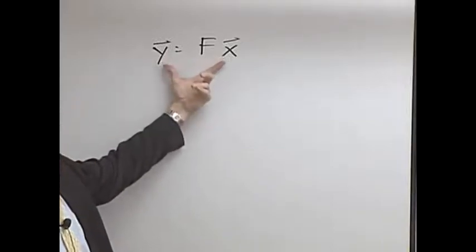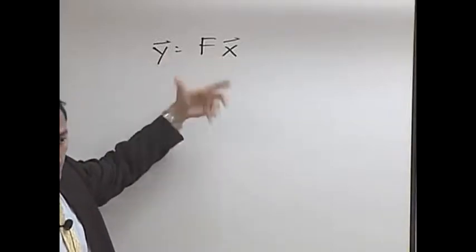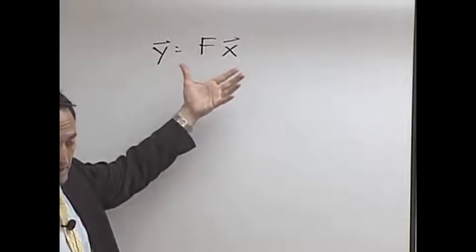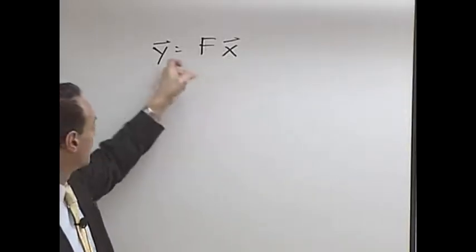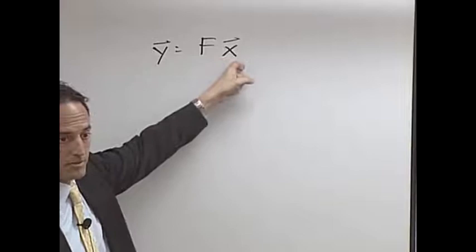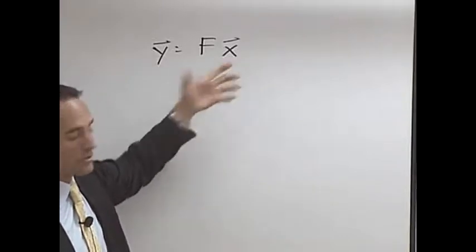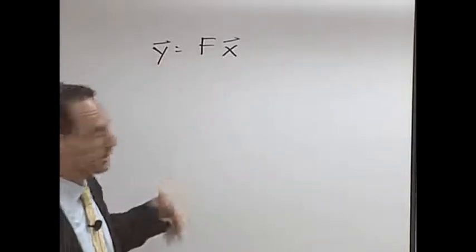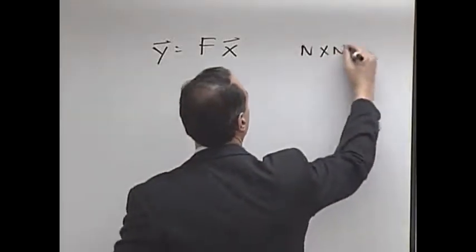This is a Fourier transform in its most abstract way of thinking about it. Here are your frequency components, here are your time components. This problem is sized generically, say, n by n.